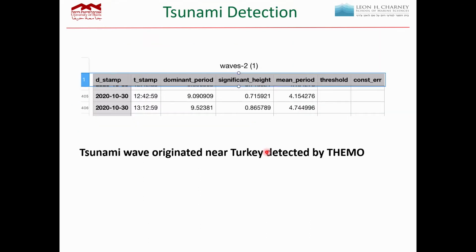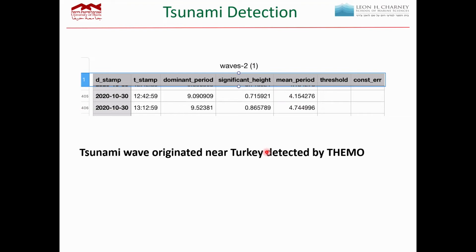Here is an example of what we do with the buoy. We found a tsunami that happened in Turkey by a change in the dominant period of waves. So that was really nice, and we actually found it in real time. The idea is that on the system itself, I will go into that, you can put in warnings.